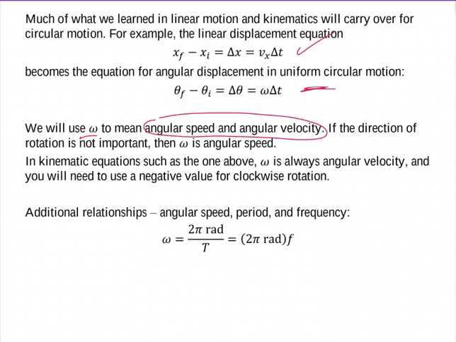So another relationship down here at the bottom, we have angular speed, period, and frequency, from the last chapter translating over to this chapter. So now we have omega equals 2 pi radians over capital T, remember, the period. And because of the period in the denominator, we know that frequency is 1 over the period. So that means we have 2 pi radians times the frequency in the numerator. Okay, so these relationships here also are true, carrying over from the previous chapter.